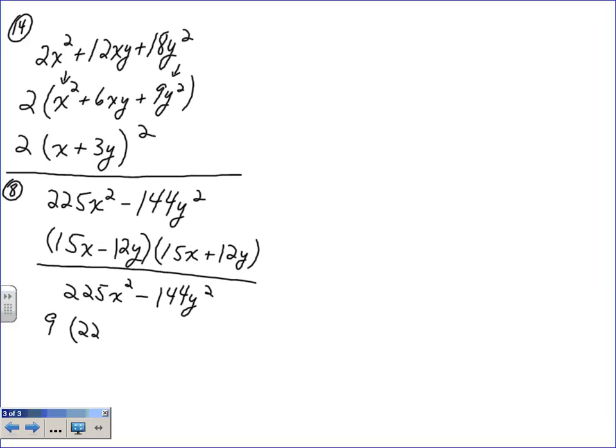Okay, and so we have 9 times 25x squared minus, and 9 goes into 144, 16. So we can also factor this way: 5x minus, not 8, 4. And then 5x plus 4y.